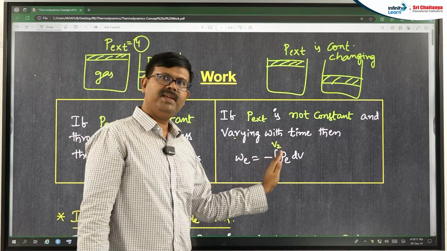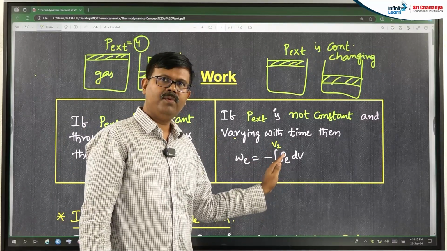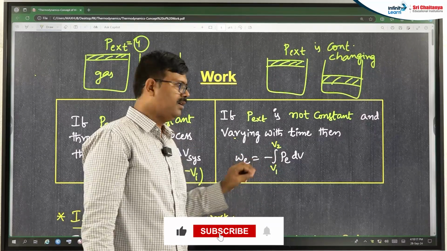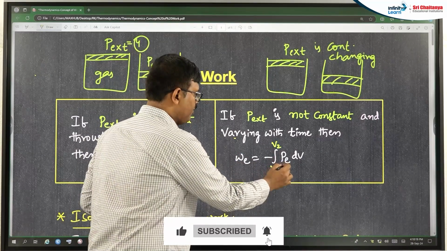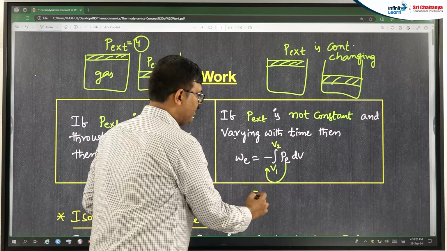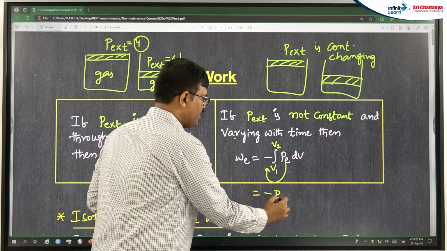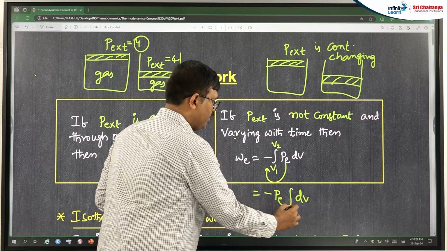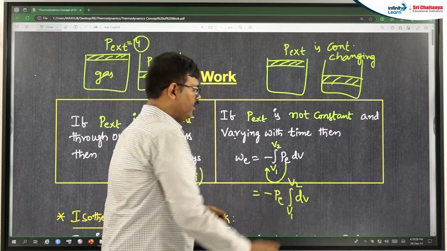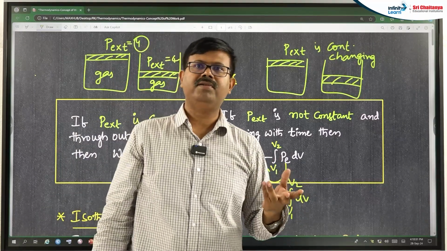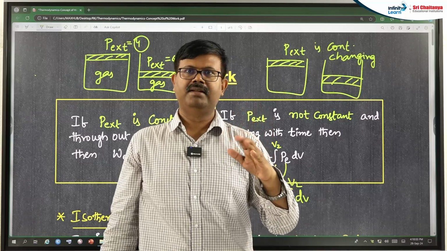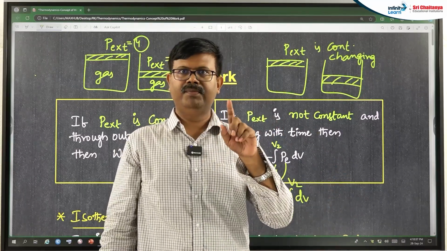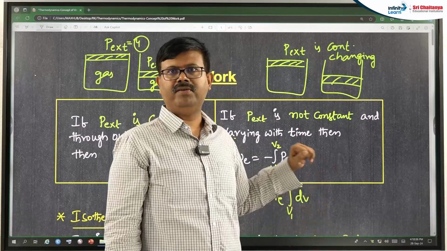Now see, suppose P external is constant, then what happens? We can take this P outside the integral. Then it will transform into minus P integral dV, V1 to V2. Now the integral of dx value is x. Same way the integral of dV value is V, and limits are V1 to V2.